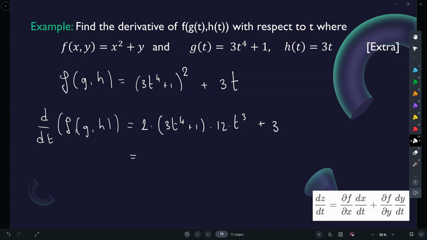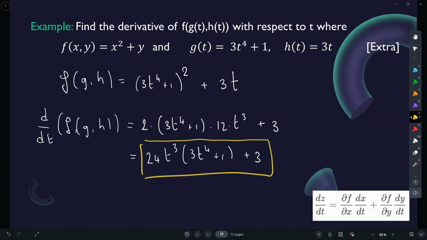So this is, like before, 24t cubed times (3t to the 4 plus 1), plus 3. So at least in this case, we see that the new formula agrees with the old formula. When you substitute, it's all one function of t, and then you can just use the old chain rule.